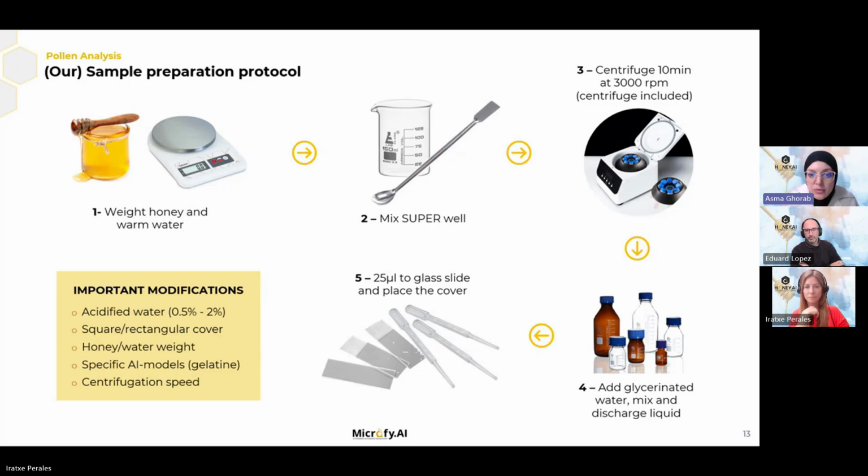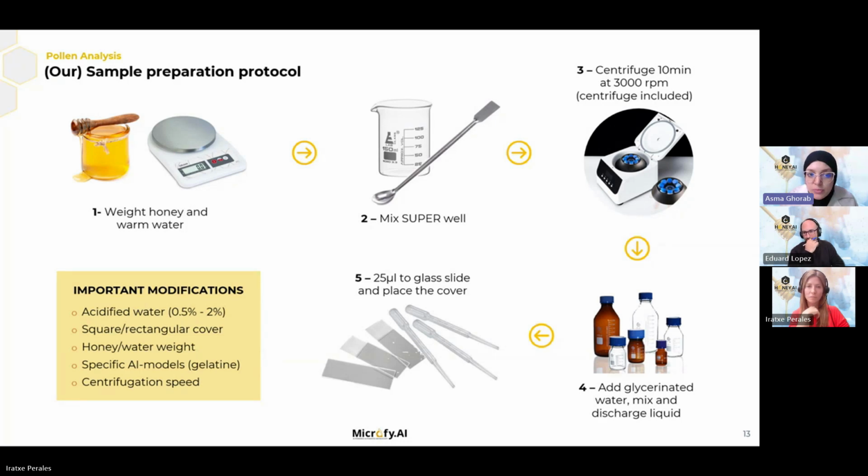But since some of our collaborators and clients do that, we have created a specific dataset and model based on fixed samples. It is a very good option for those who fix the sample.